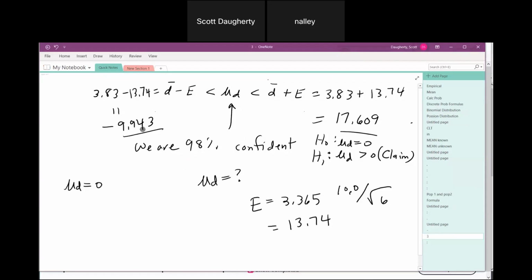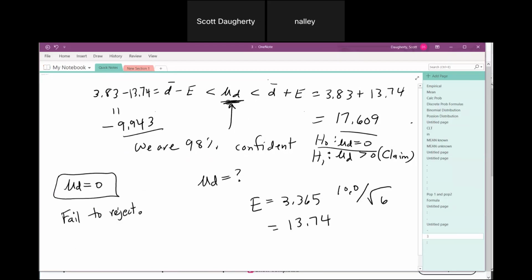So I'm 98% confident that it's somewhere in there. It seems reasonable that this could be mu sub d. So I cannot reject this possibility. So I'm failing to reject the null hypothesis.